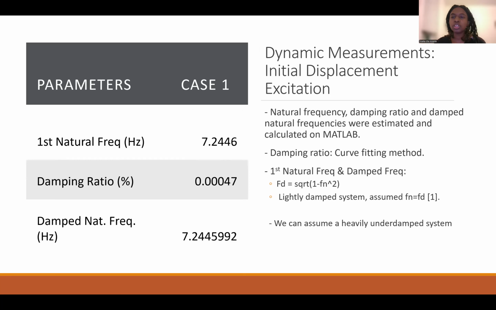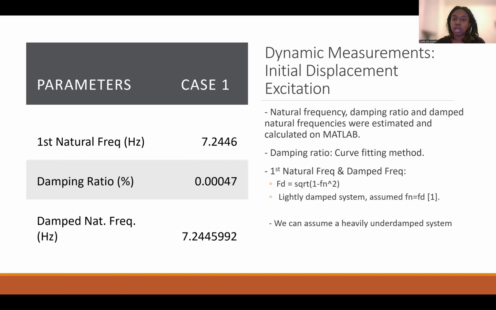Using the data we collected, we were able to calculate the natural frequency, damping ratio, and damped natural frequencies on Mech Lab. The damping ratio was discovered using the curve fitting method.